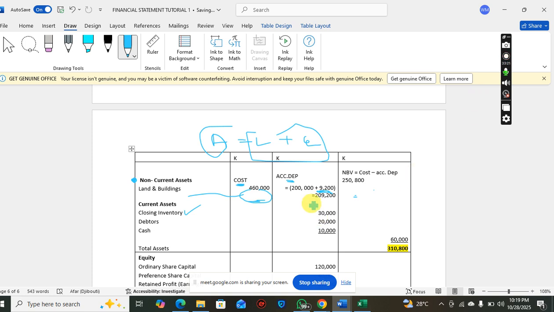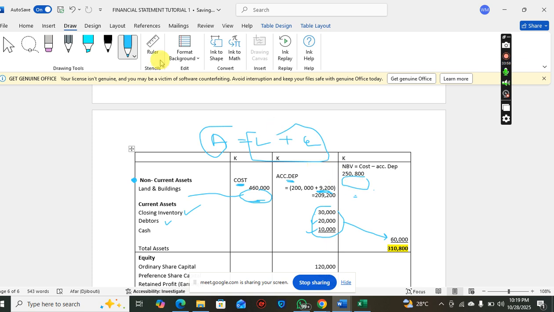They told us in the additional information, closing inventory 30,000, followed by debtors, 20,000, followed by cash, 10,000. So you total up your current assets, 30,000 plus 20,000 plus 10,000, you get 60,000.